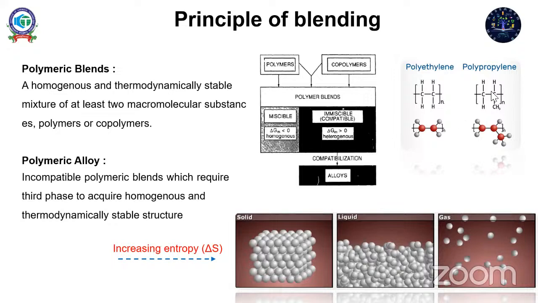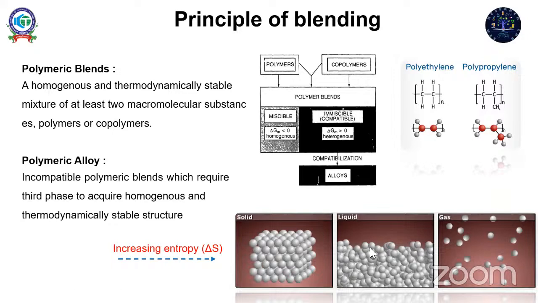When you mix polyethylene and polypropylene, a phase separation occurs, like you can see in the case of oil and water. Such phase separation is generally due to the order of the entropy. Entropy is nothing but the random orientation of the molecules, in a simple way.